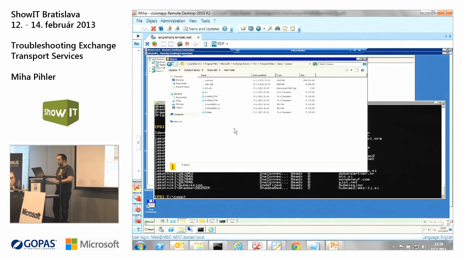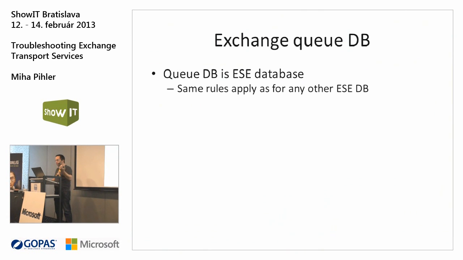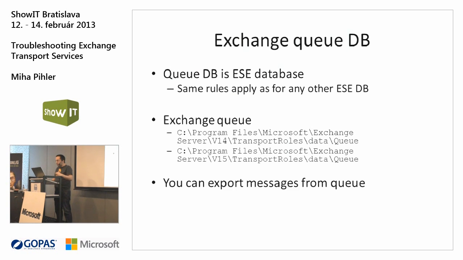The interesting thing about this database is, okay, I actually have the slide on that. Queue database, ESE database applies the same rules as any other ESE database, like mailbox database or Exchange database. It's transactional. You can find it in the path that I mentioned, and you can actually export messages from this queue.